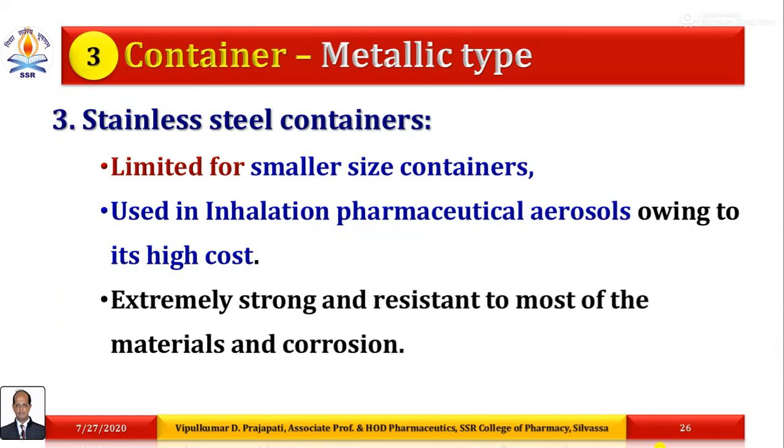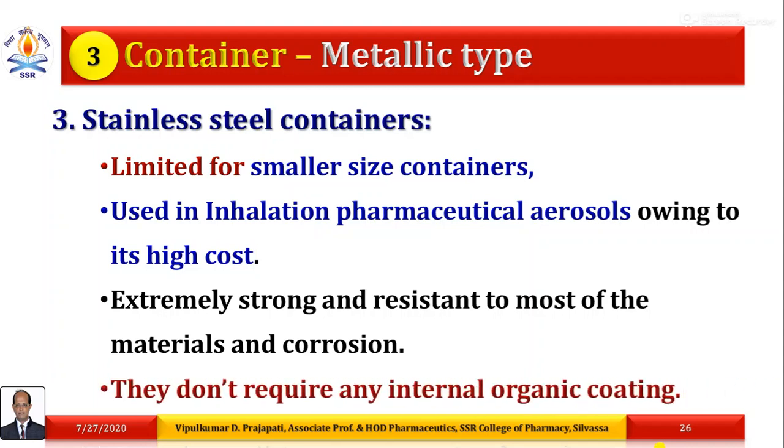Extremely strong and resistant to most materials and free from corrosion, so they don't require any internal organic coating. So these are the few properties of stainless steel containers, but they are used in small size metered-dose inhalers due to its high cost.